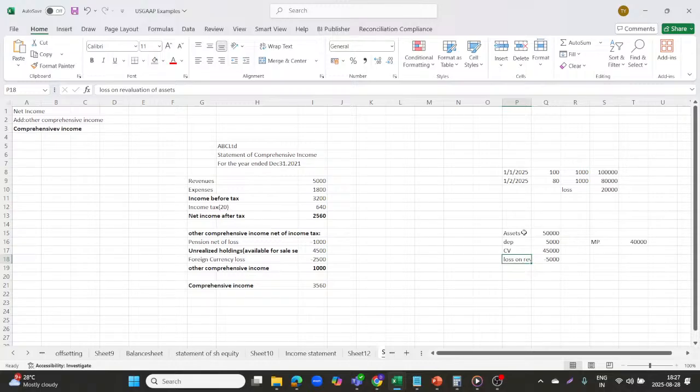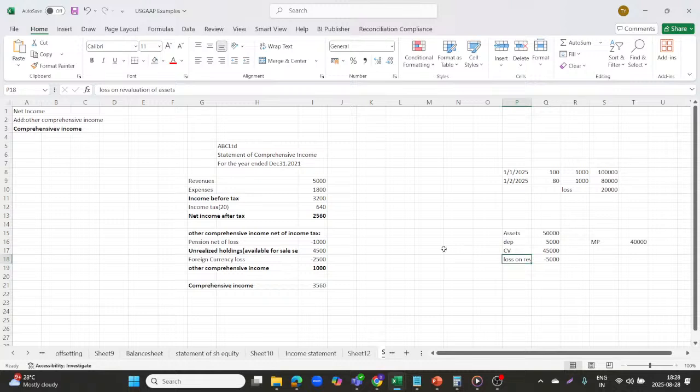Okay, so this is one of the statements that we need to prepare. On foreign currency, suppose you are involved in import export trading or derivative hedging, you have the risk of losing because of currency fluctuation, the rate falling or shooting up. So any such gain or loss which is related to foreign currency items, you would have to record in the OCI, that is other comprehensive income.